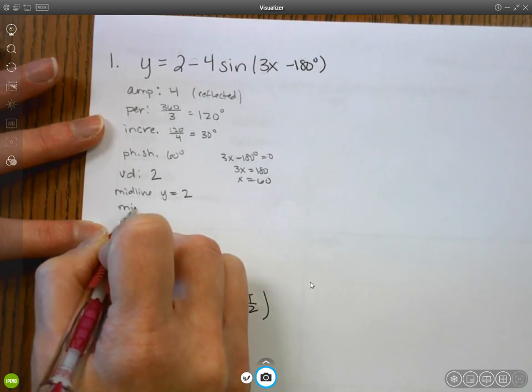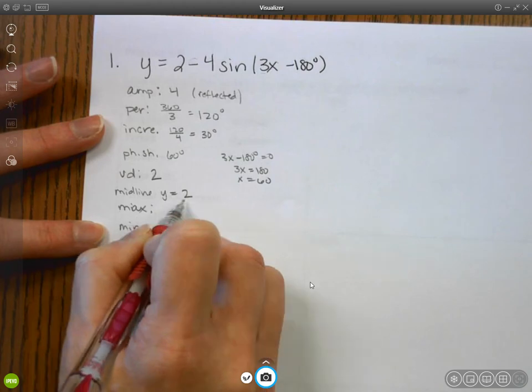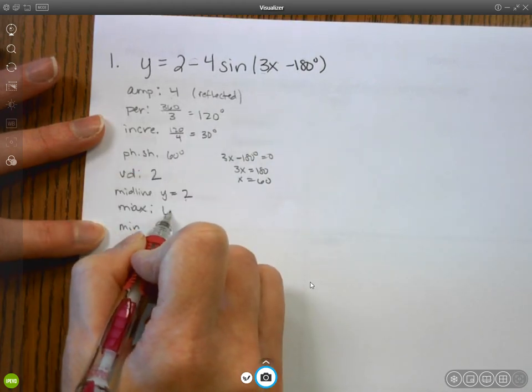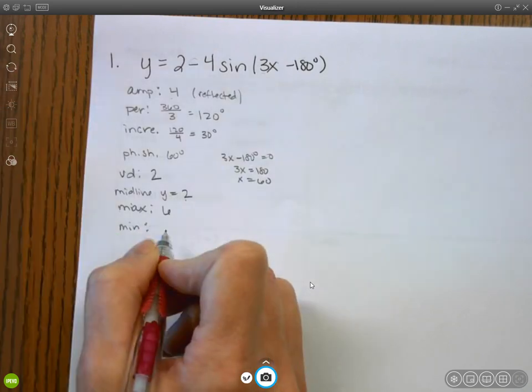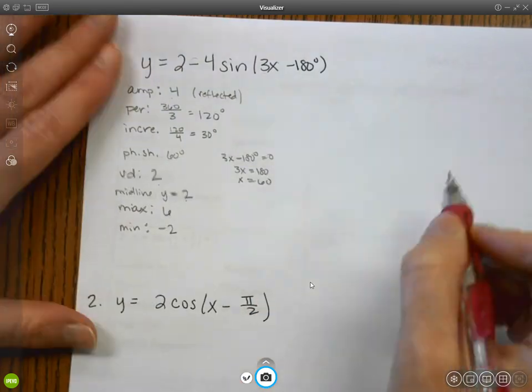And then you have a max and a min. To find the max, you do your midline or your vertical displacement plus your amplitude, so 2 plus 4 is 6. And then you subtract them to get your min, so 2 minus 4 is negative 2.